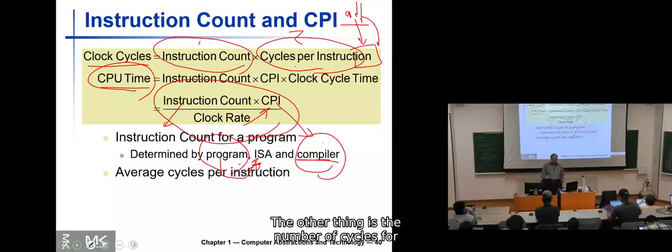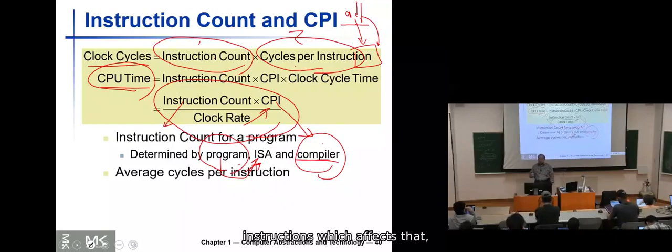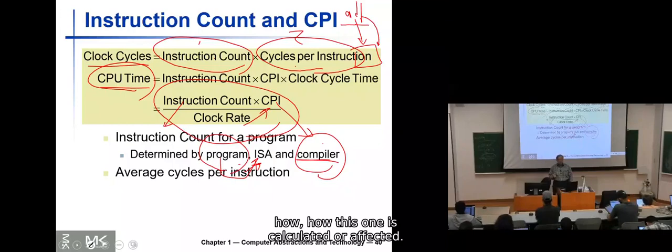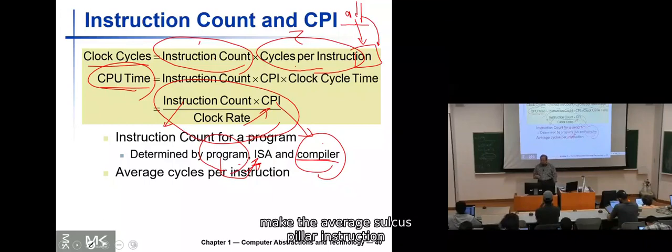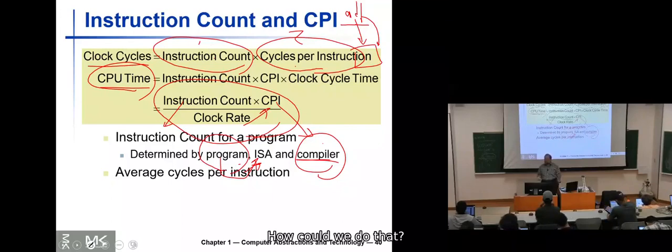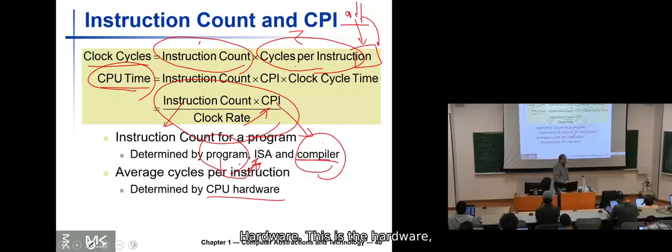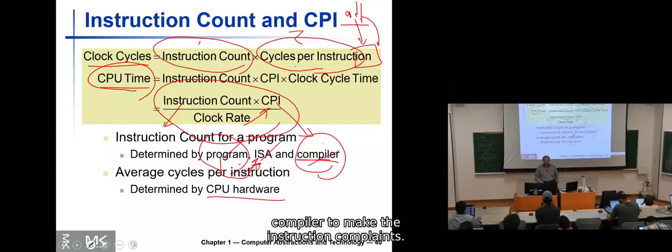The other thing is the number of cycles per instruction. What do we have in the processor if we want to make the average cycles per instruction less? What should we do? How could we do that? You should make better hardware. So program, instruction set, and compiler make the instruction count less.